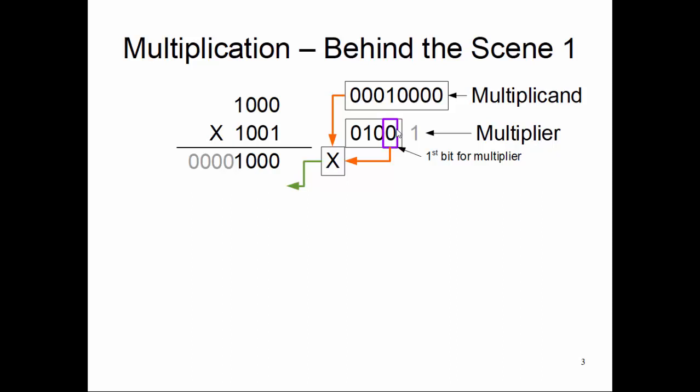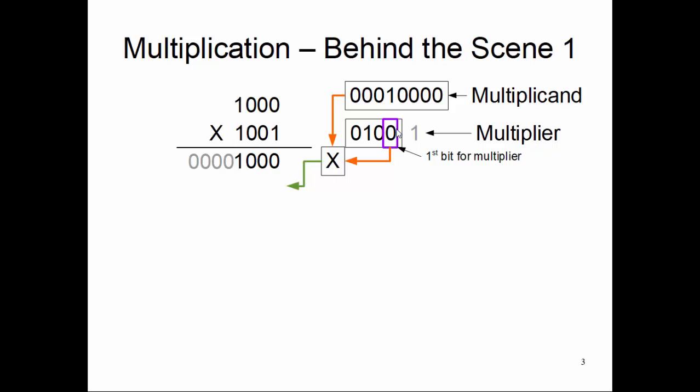And why does the multiplicand need to shift? Remember, in the paper and pencil method, we shift the partial multiplication result at each stage by one position, right? Assuming we are padding another zero at the end.